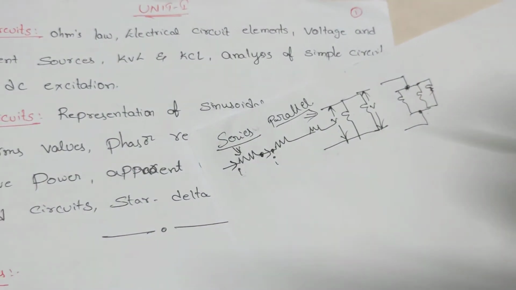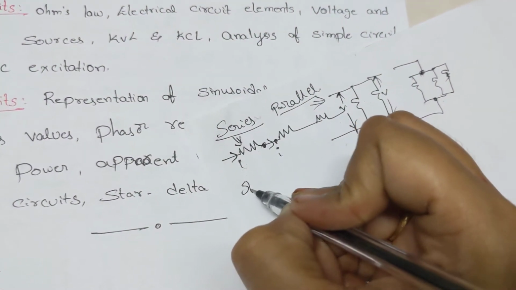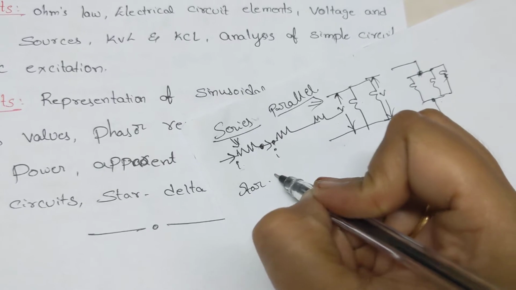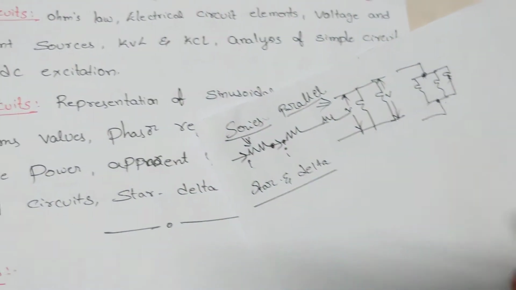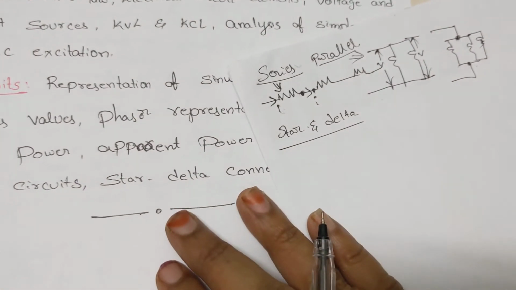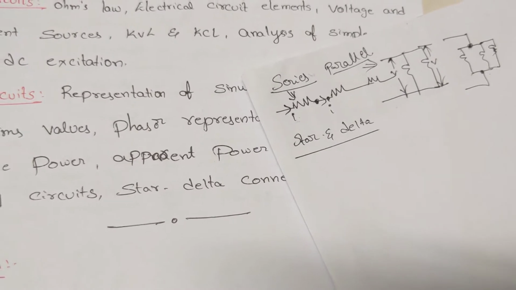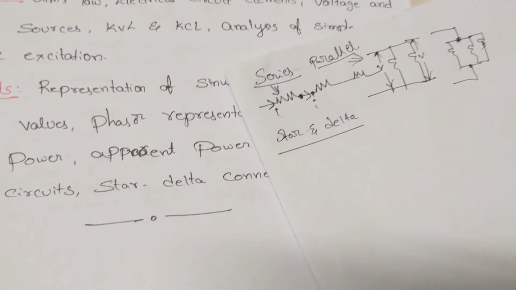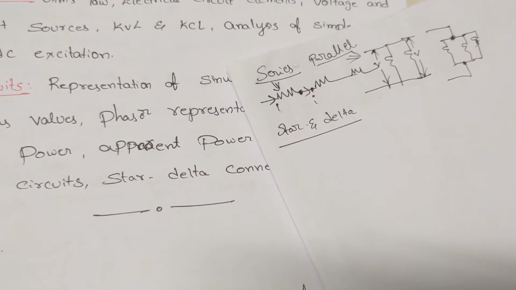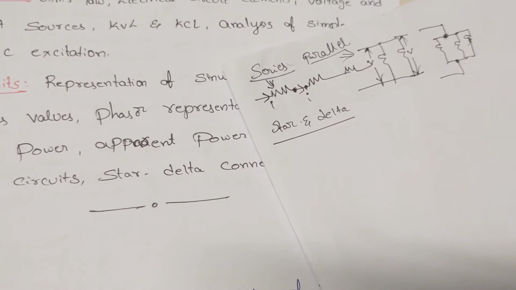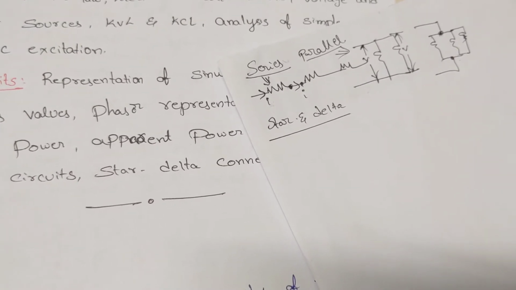Apart from series and parallel, we have another format of interconnections, that is star and delta connections. Here we will see what is meant by star, how the elements are connected, and how the equivalent values of the resistance will be divided across these terminals.